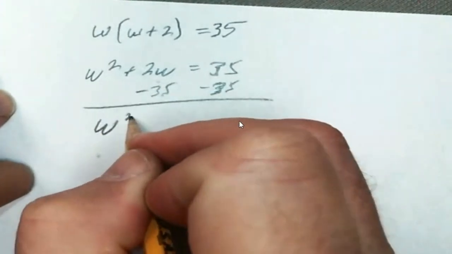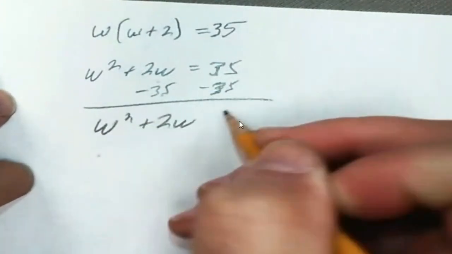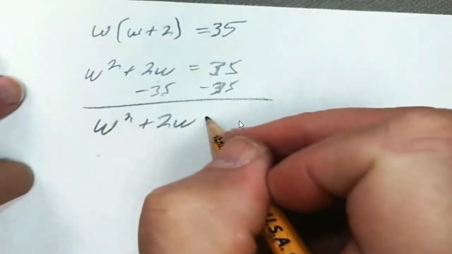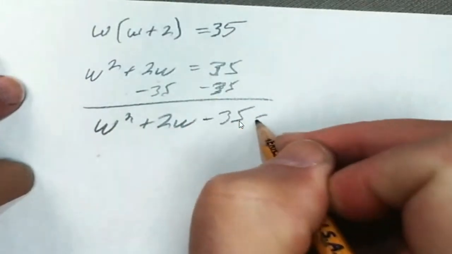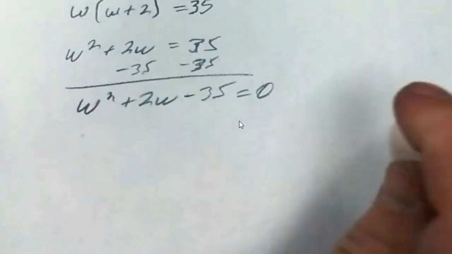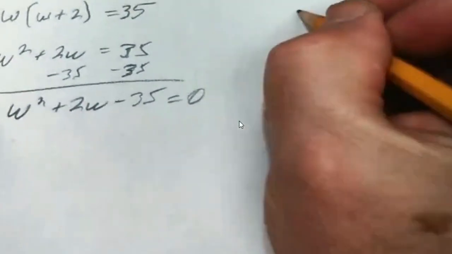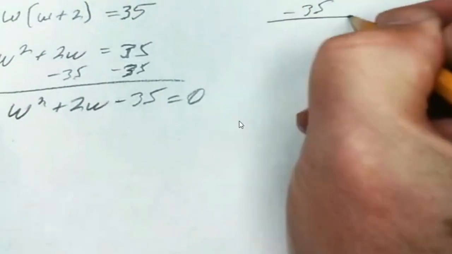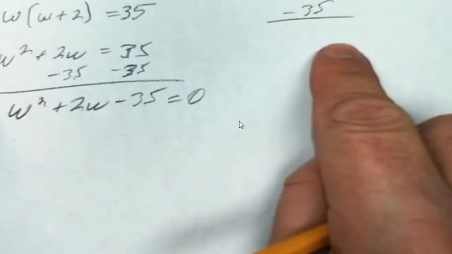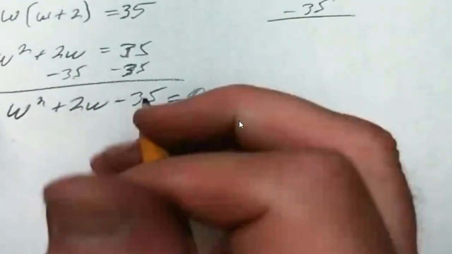So we get w squared plus 2w minus 35 equals 0. So we have this negative 35. We need to find the factors of that add up to 2.